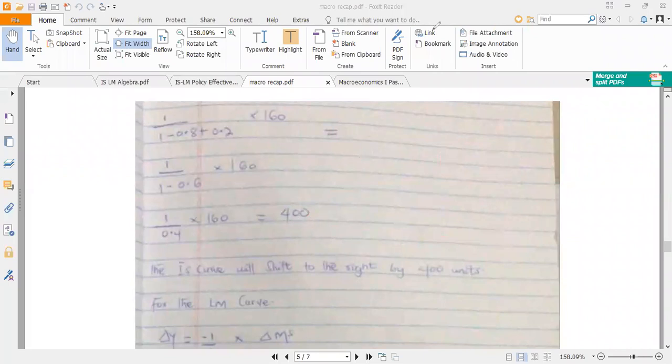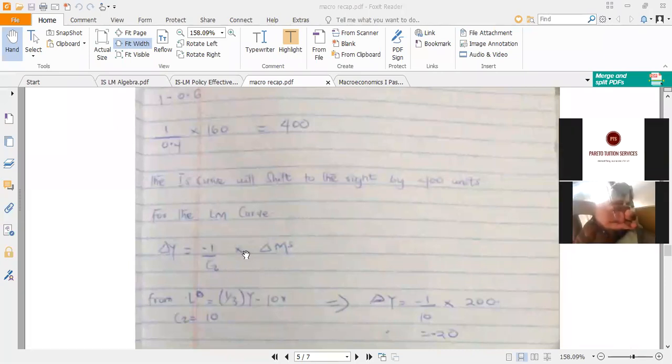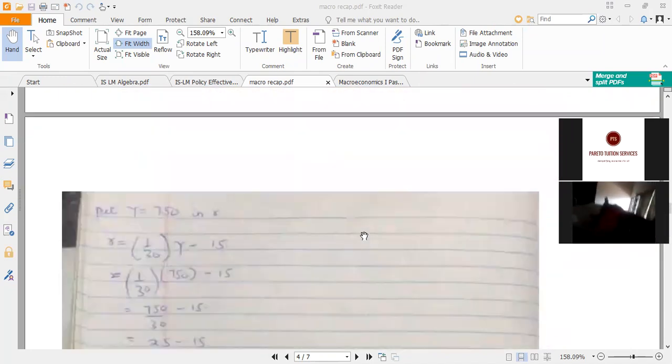Right, so that is for the shift in the IS and by how much. Now, if you want that of the LM, the change in R is giving us -1/C2 times the change in MS, where MS is the money supply, and C2 comes from the money demand equation.